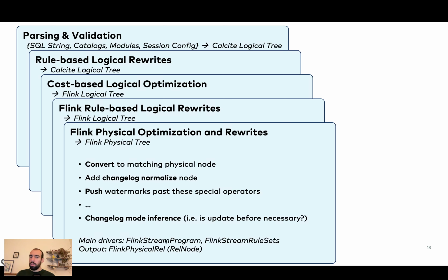Again, main drivers remain the same. These are the rule sets and the streaming program that are executing all these phases. And as I said, the output is a Flink physical rel node, and the Flink physical rel node knows exactly which changelog mode is produced and consumed by each operator.